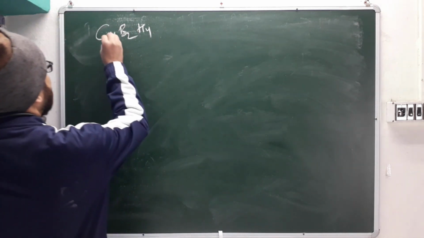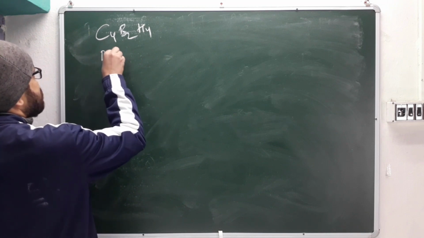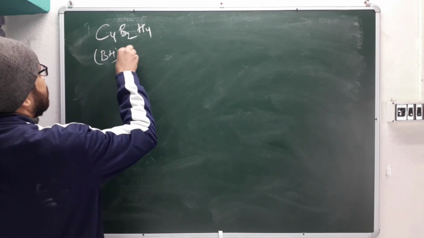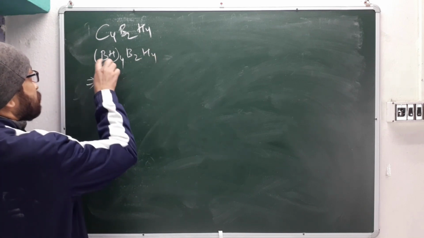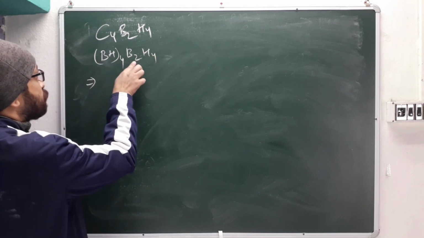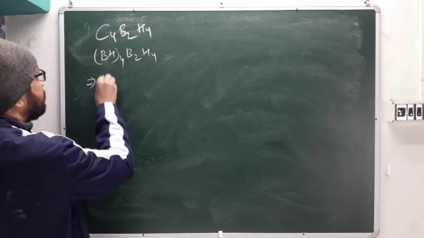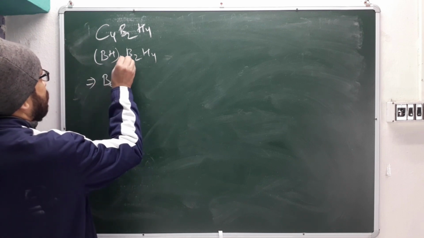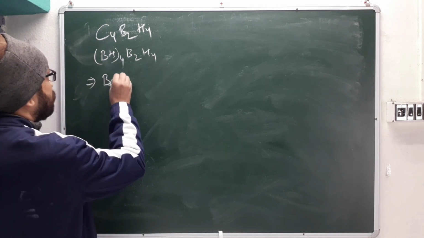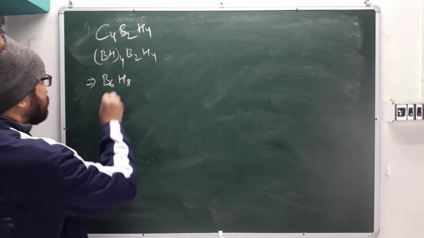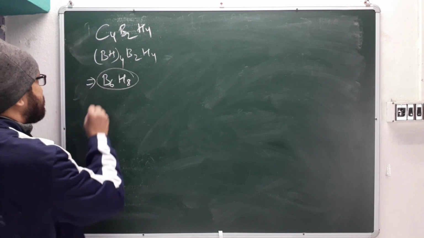So instead of carbon you can write BH, and then make it 4, then B2, then H4. Now just club it together: B2 and 4, so 6 boron, and hydrogen, 4 and 4, 8 hydrogen. So now it looks like B6H8.